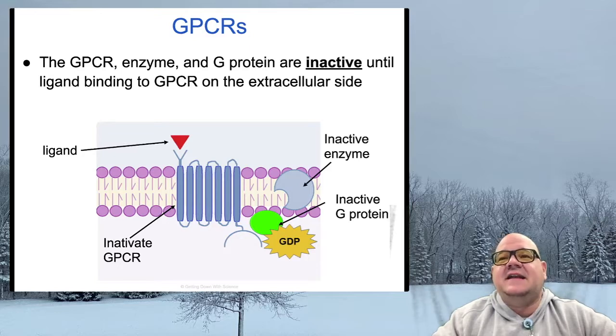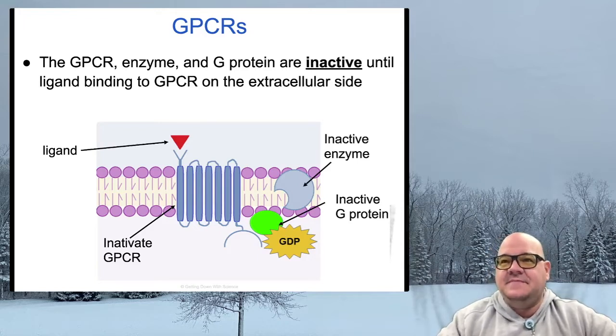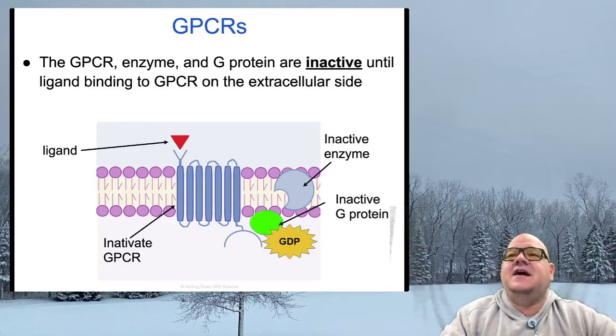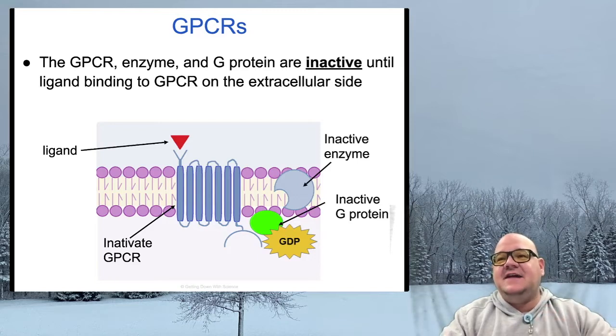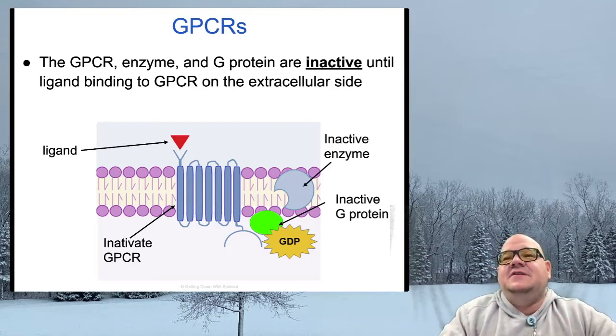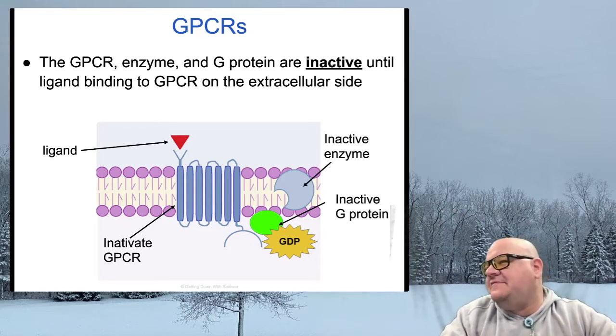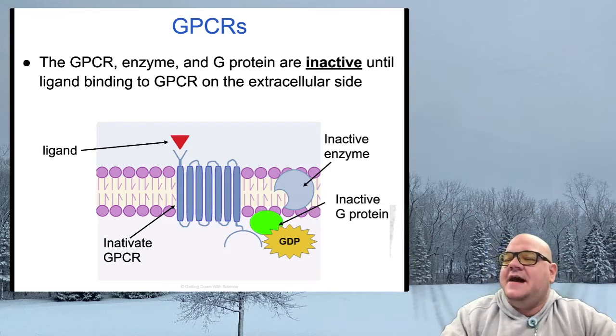Off to the side of that little green oval is sort of a site that looks like a half circle, okay? So watch that half circle as I advance through the slides, okay? So this is going to stay inactive until the ligand hits. That right there is pretty easy stuff, okay? You can see we've got an enzyme floating in the middle of the bilayer.